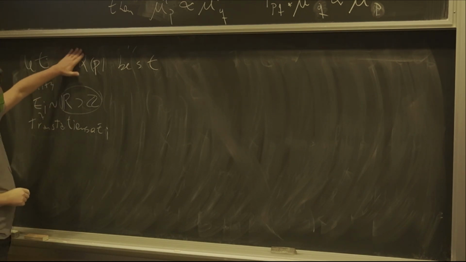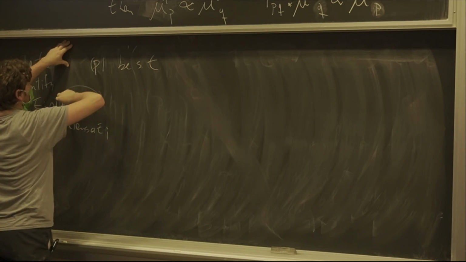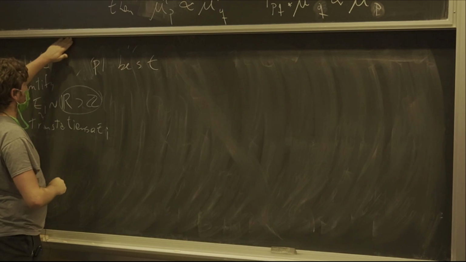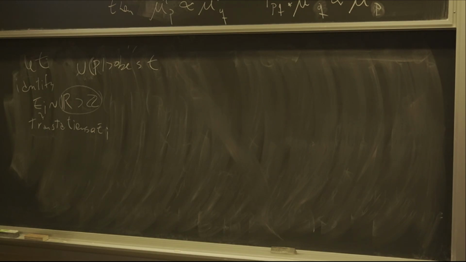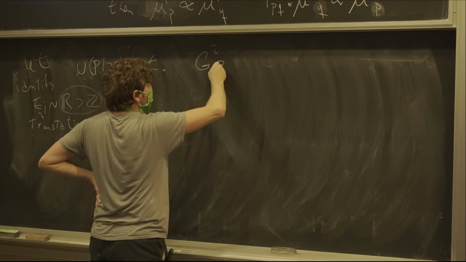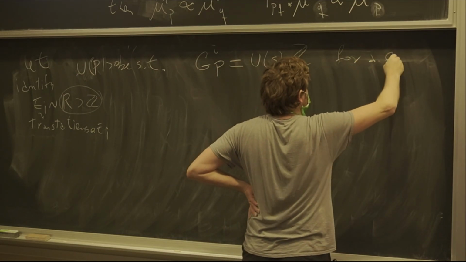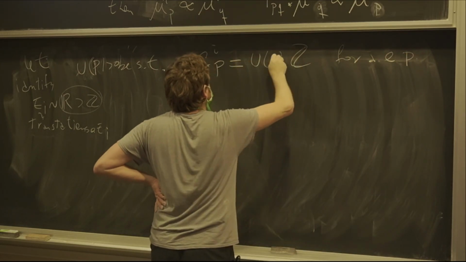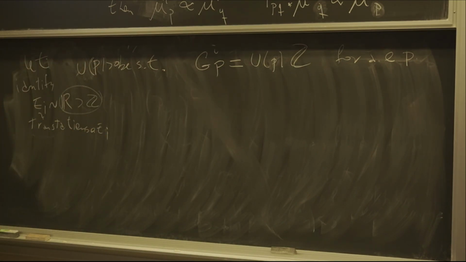And so we define alpha of P, a very large number, lambda of P, lambda was for the exponents. Oh, U of P, whatever. Positive such that GIP is equal to U of S times Z for almost every U of P, not U of S. Okay, so if it is not type A or type B, it has to be a lattice, and the lattices are all written like that.